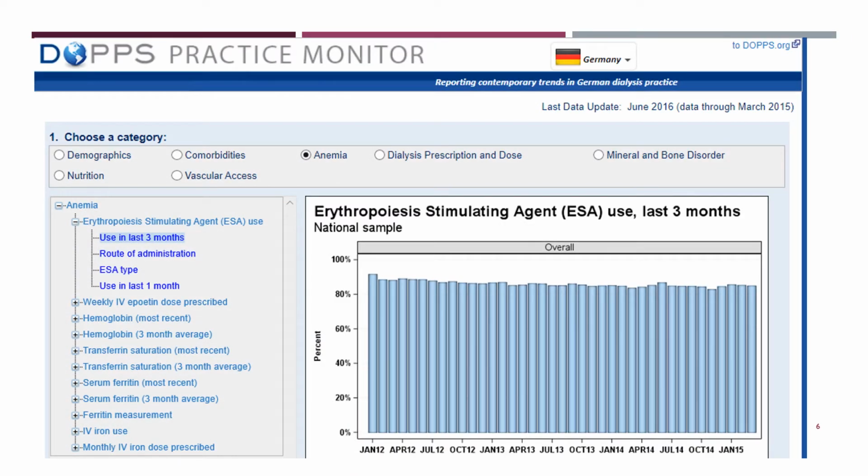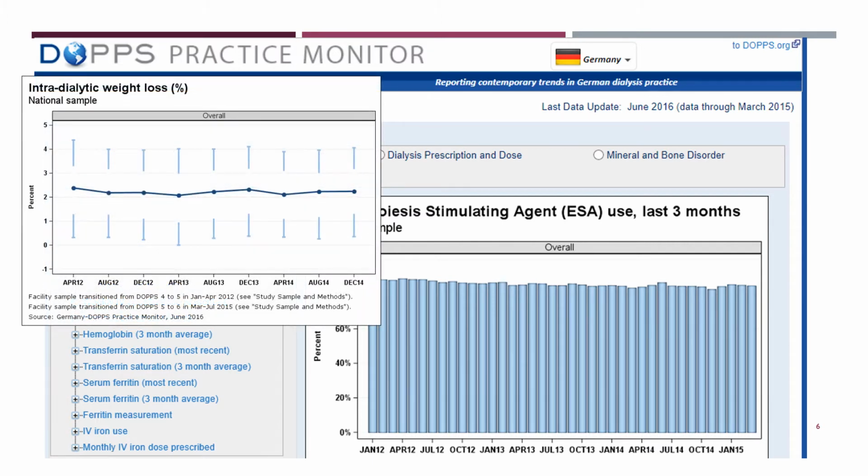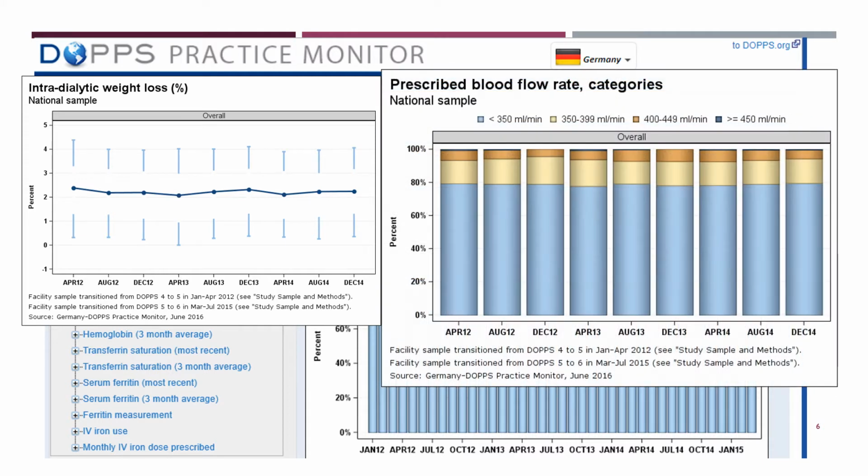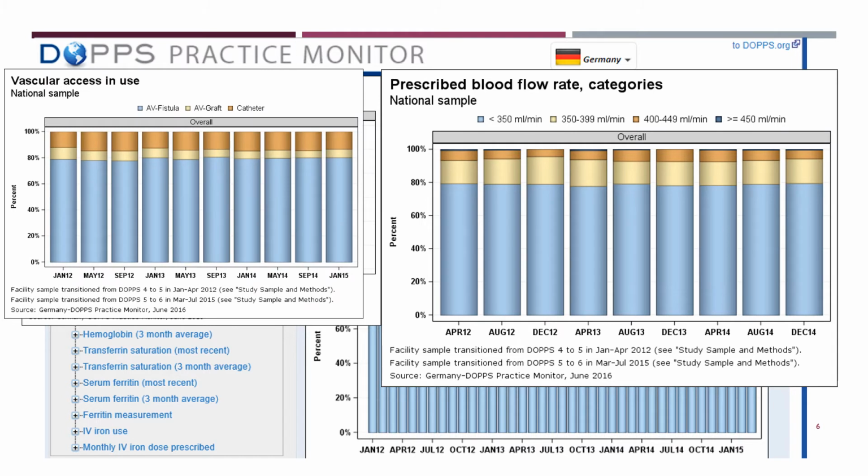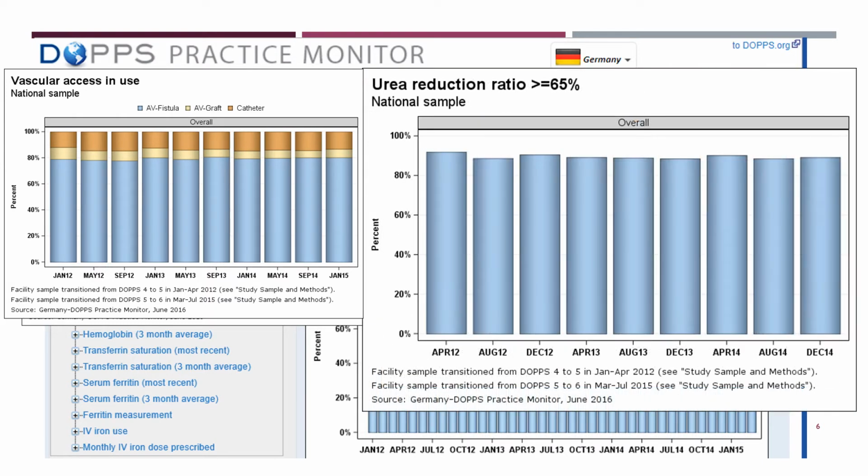That includes erythropoietin stimulating agent use, looking to the iron profile, target hemoglobin reaching, the variability in hemoglobin as well, the intradialytic loss, the ultrafiltration rate, the prescribed blood flow, the QB, the vascular access type, either native arteriovenous fistula or a catheter, with the advantage of the arteriovenous fistula, and adequacy of therapy.